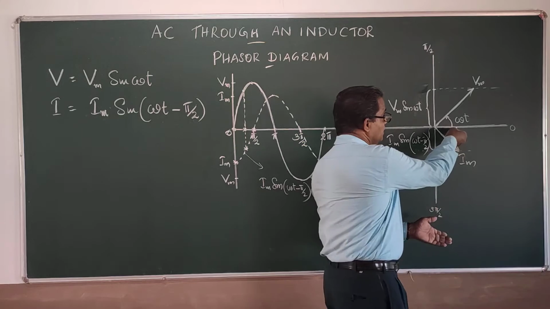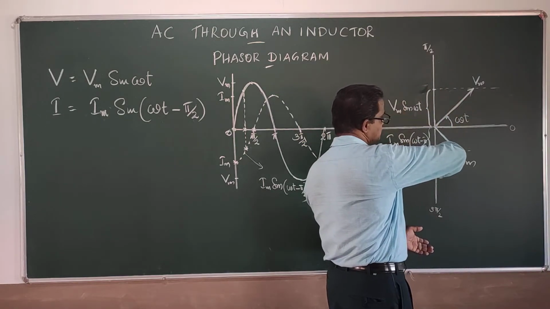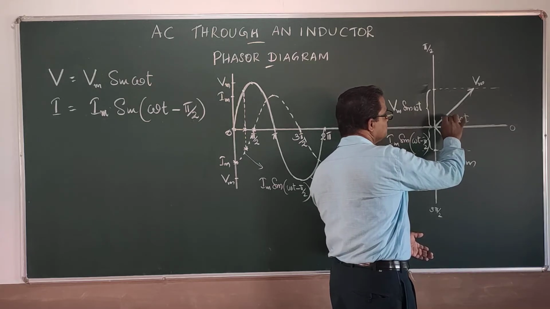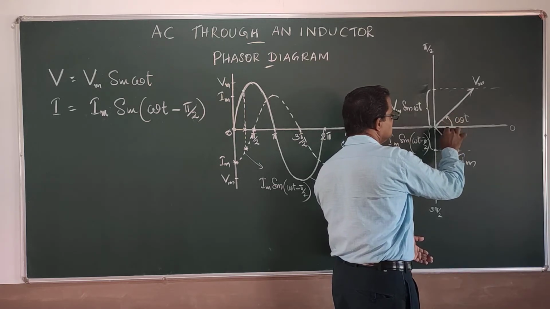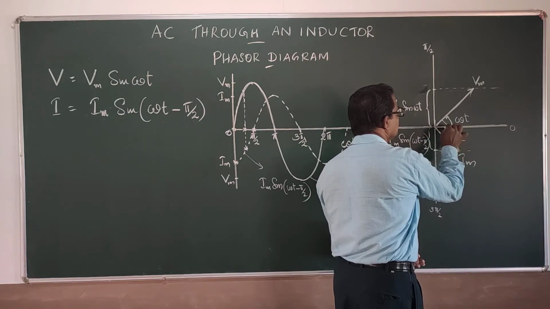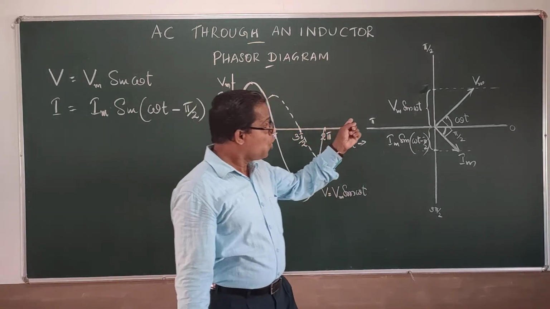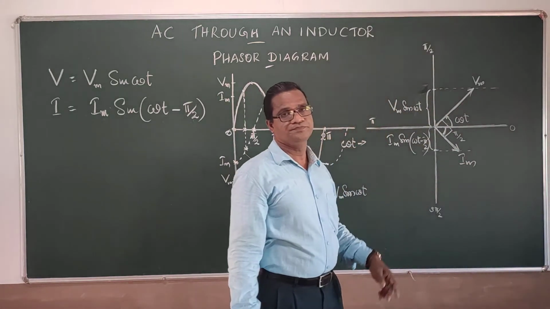It's because the angle is taken from 0 to 90, like that it is going. So here I am taking it in the opposite direction. This is coming like this, and this is pi by 2, and therefore this angle omega t minus pi by 2 is in the opposite direction.